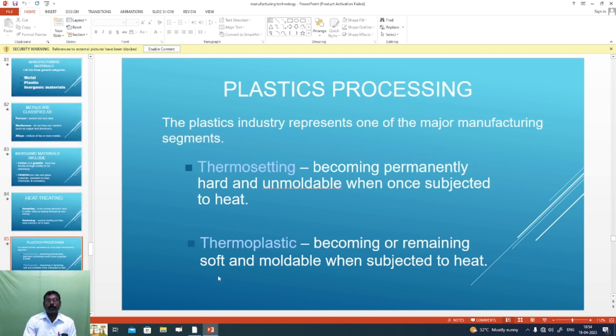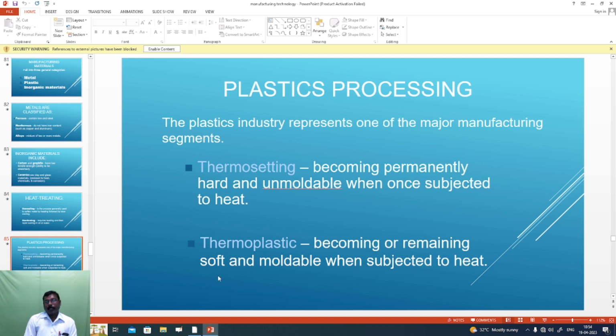And plastic processing. The plastic industry represents one of the major manufacturing segments: thermosetting and thermoplastic. Thermosetting plastics become permanently hard and rigid when subjected to heat.